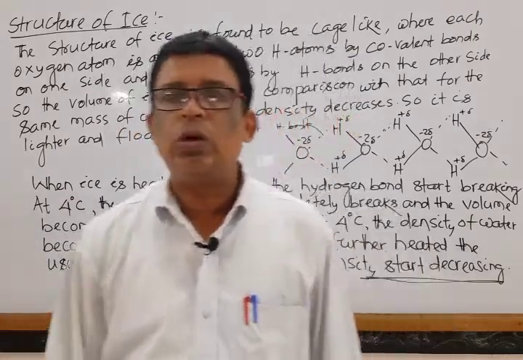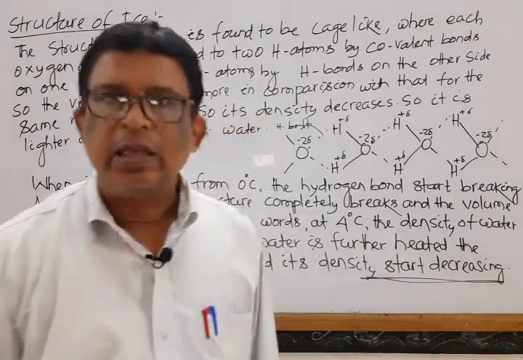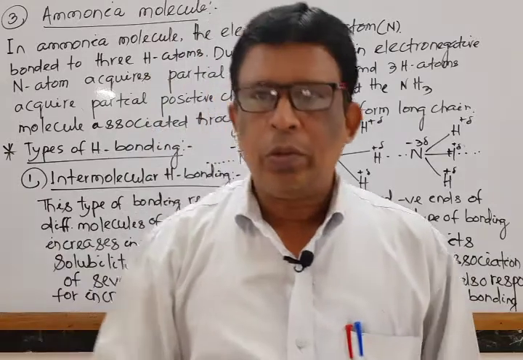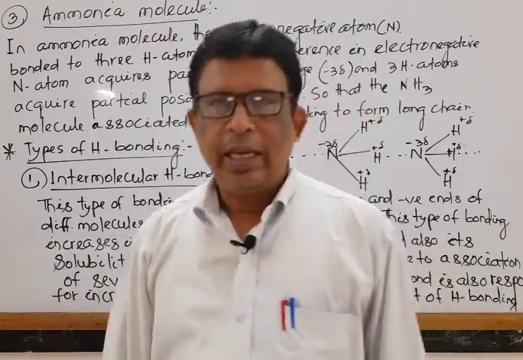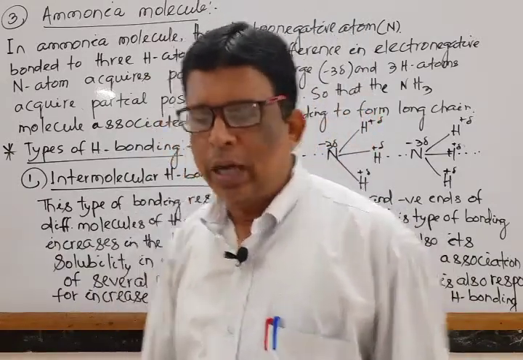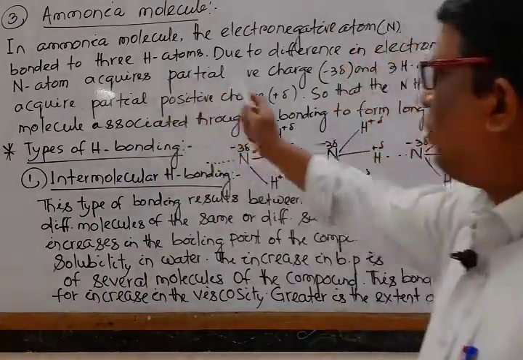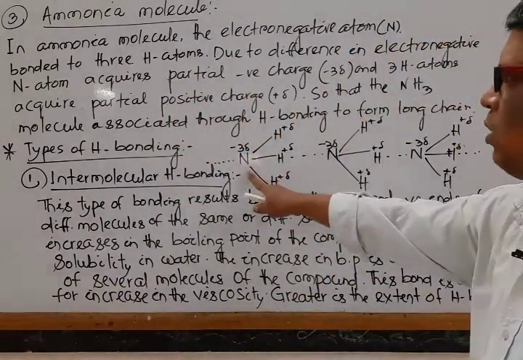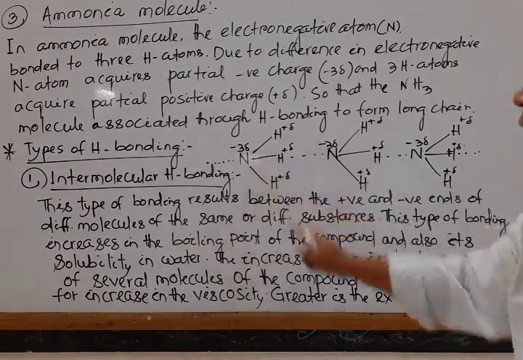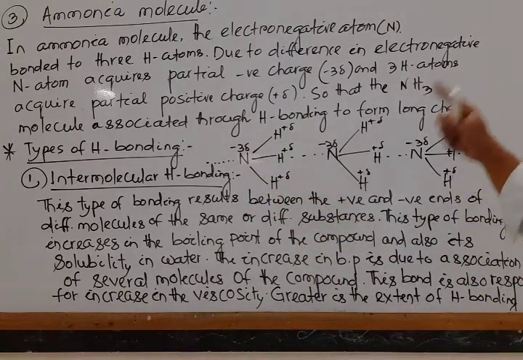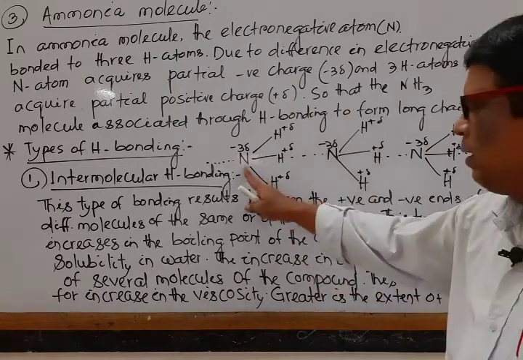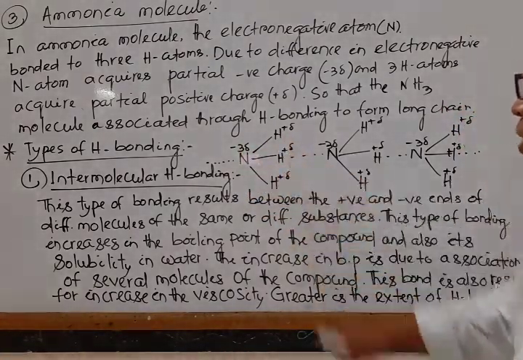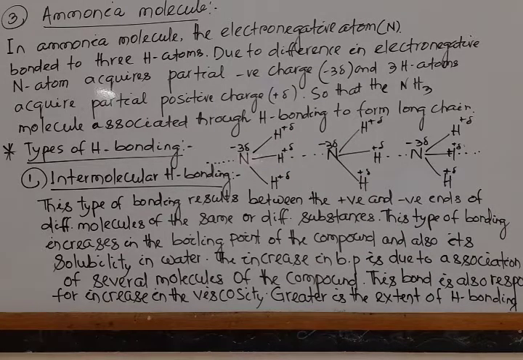Then we go through another example, that is the formation of the ammonia molecule. Mark that. In the ammonia molecule, the electronegative atom, nitrogen, is bonded to 3 hydrogen atoms. Due to the difference in electronegativity, nitrogen acquires a partial negative charge and the hydrogen atoms acquire a partial positive charge.